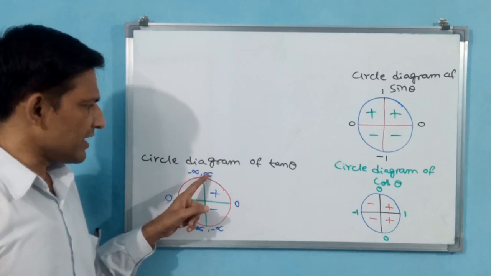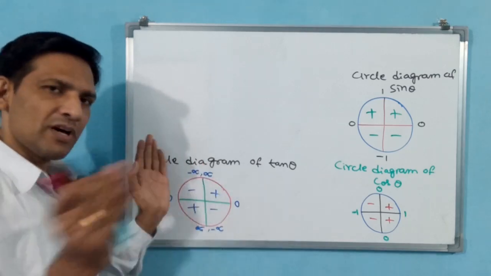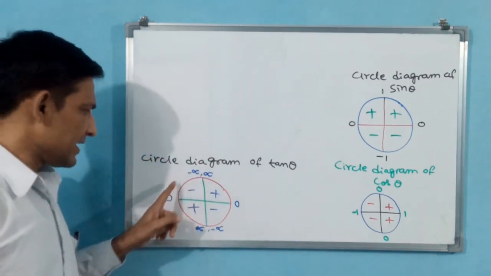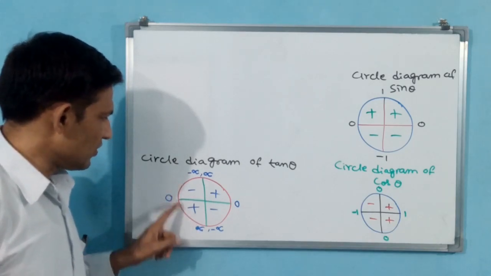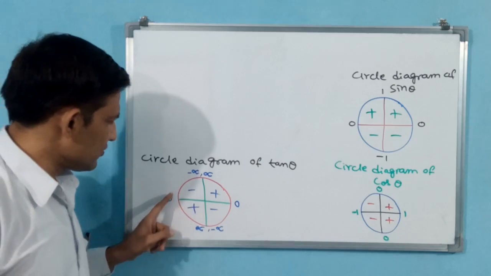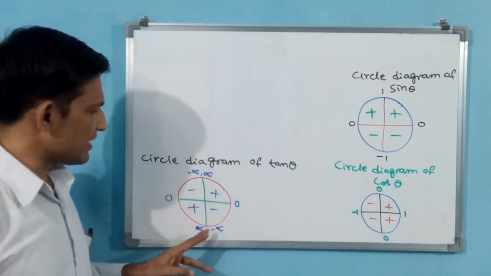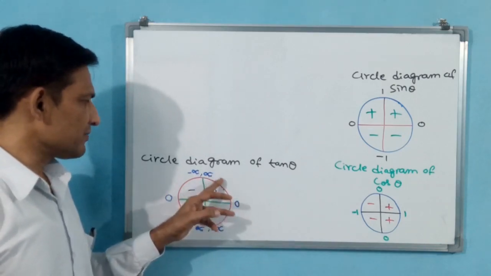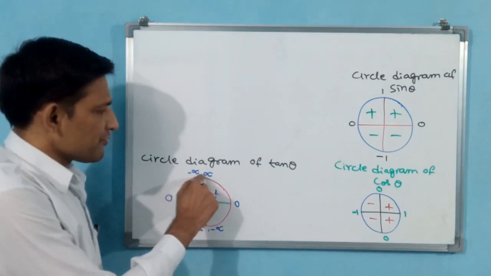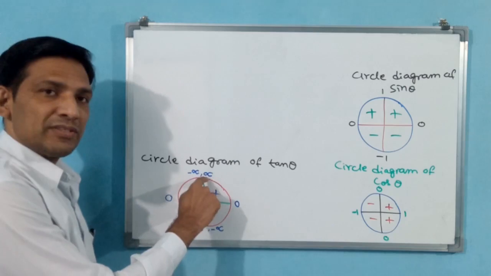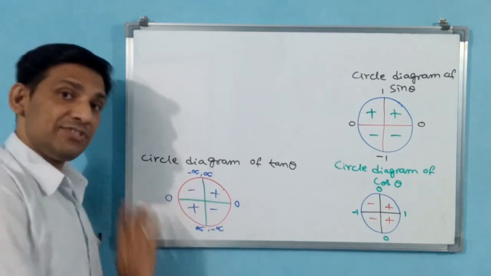After plus infinity, again minus infinity will come. That means both are disjoint. Then again 0, which is not disjoint; continuously it is there. 0 to minus infinity, 0 to plus infinity, this continuity is there. But here there is no continuity between minus infinity and plus infinity. Here both are disjoint.